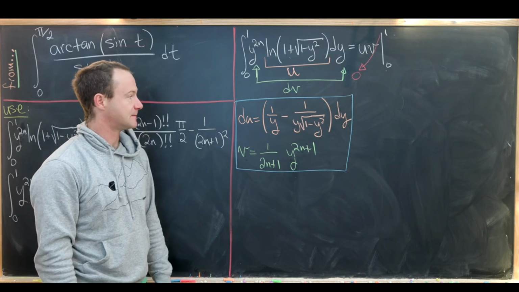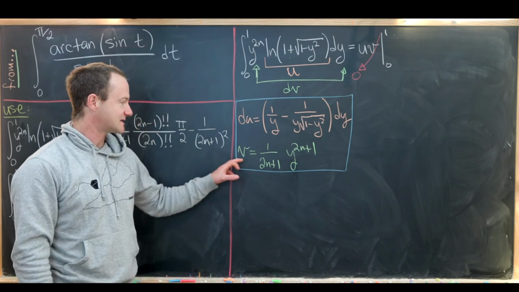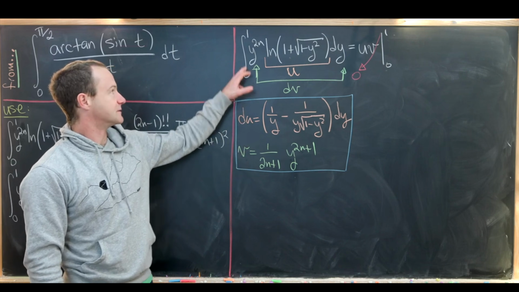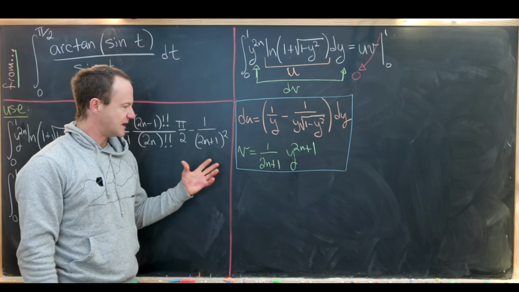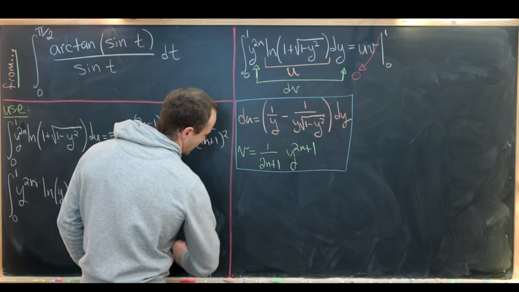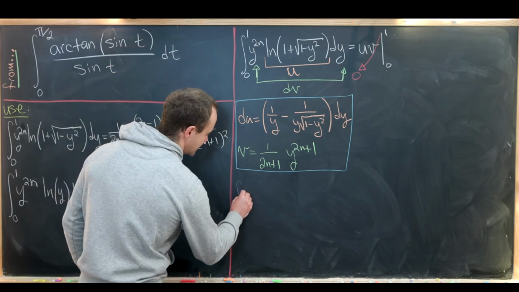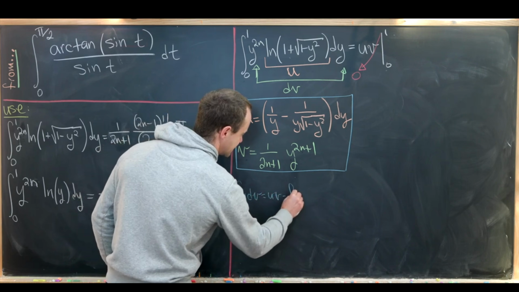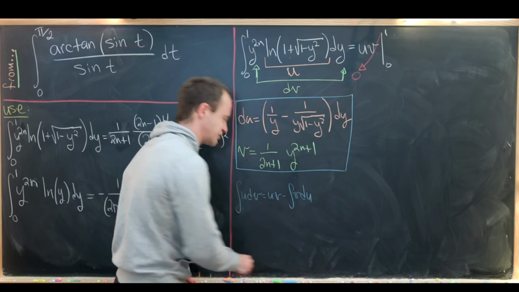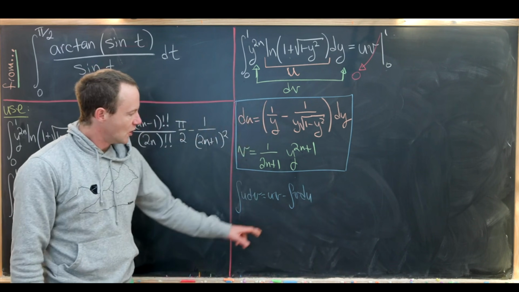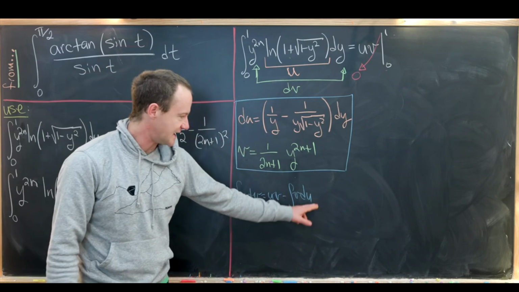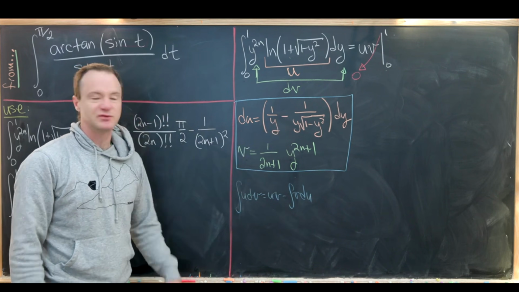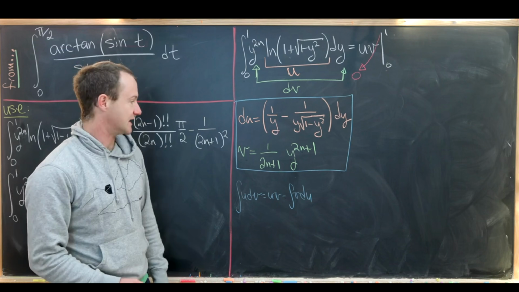Okay, nice. And then we'll have minus the integral of v du, and that integral is from 0 to 1. That's because of the integration by parts formula, which goes like this. The integral of u dv is u times v minus the integral of v du, just to recall that. Well, I'll take this minus sign inside of the integration by parts formula and have it switch the order of subtraction just to keep everything kind of nice.